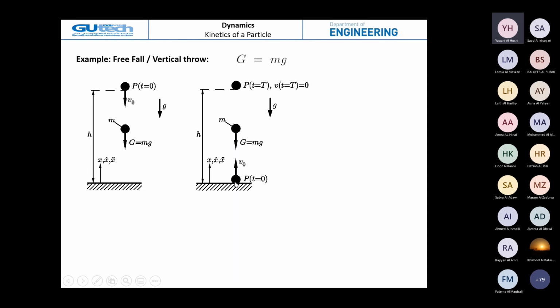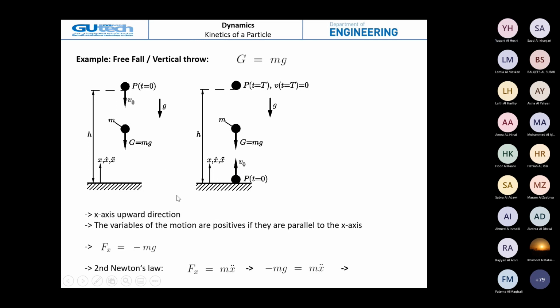At time t equals 0, we have the velocity v equals v0, and then we have the position here at t equals capital T. In this case, it reaches certain times when there is the vertical throw. At a certain time, the particle will reach the velocity equal to 0 and then return back.